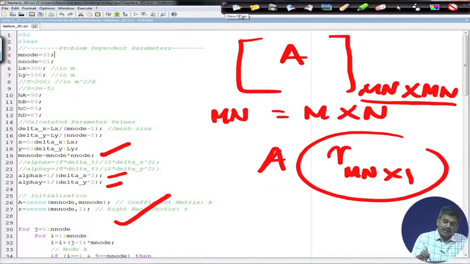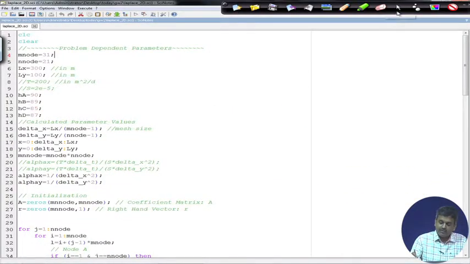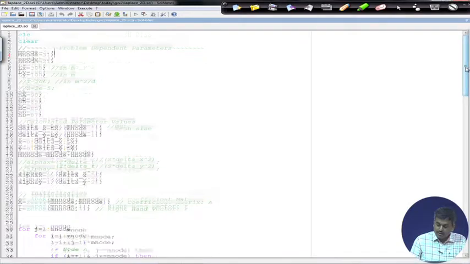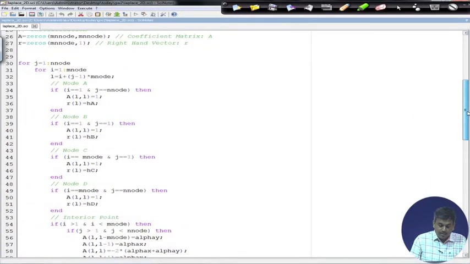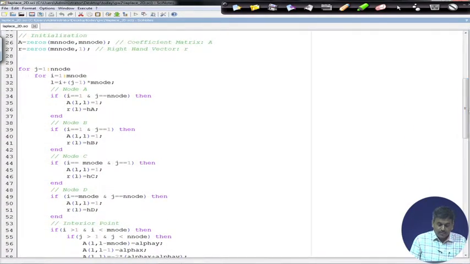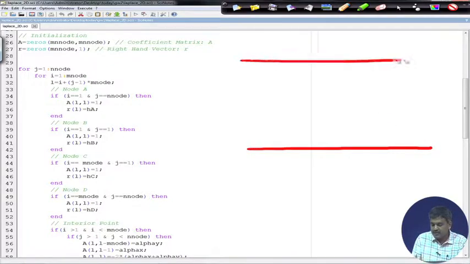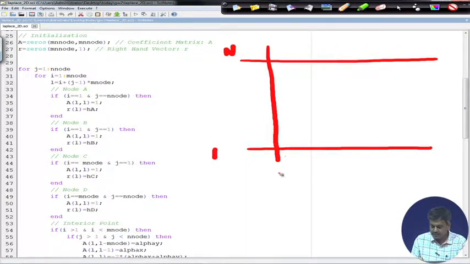Now, I need to put some numbers based on the coefficient values. Let us start from our n level, this is level 1, this is 1, this is m.